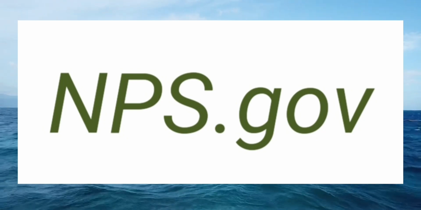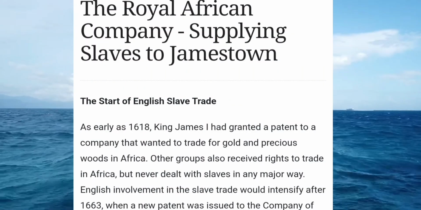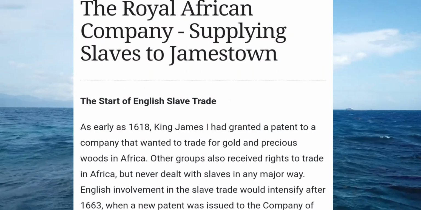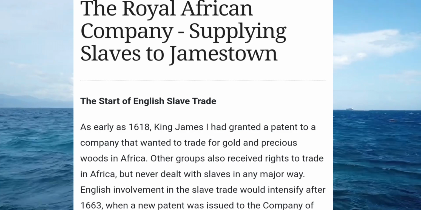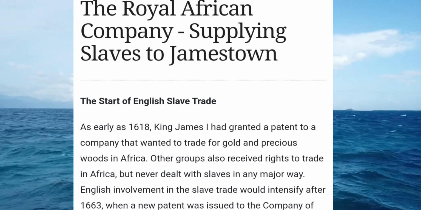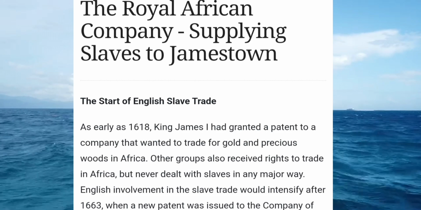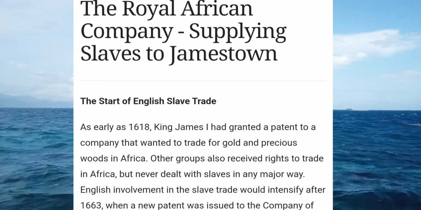This is nps.gov. And it says, as early as 1618, King James I granted a patent to a company that wanted to trade for gold and precious woods in Africa. Other companies also received the right to trade in Africa, but never dealt with slaves in any major way.